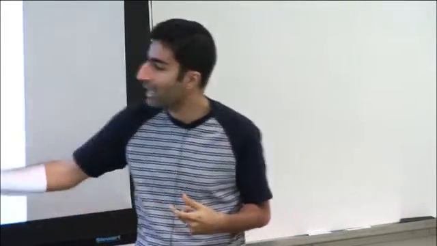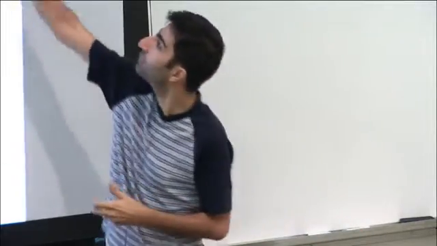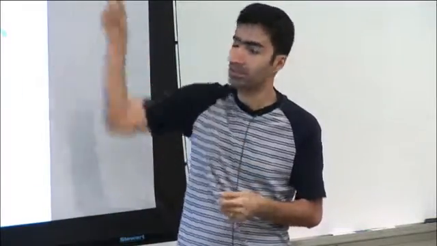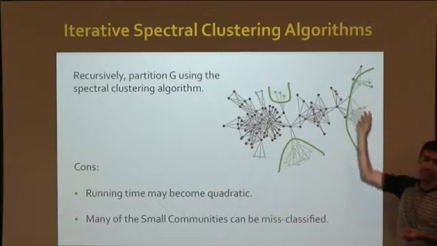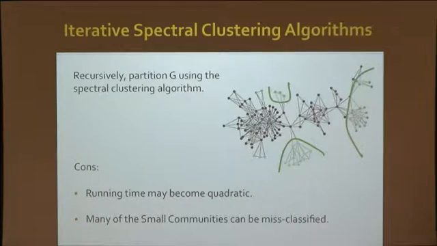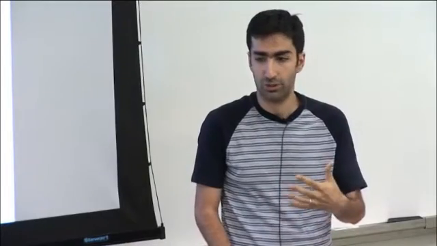So you may have to run this algorithm order n times to partition the graph. On the other hand, many of the small communities could be misclassified by this algorithm. For example, once you separate this giant component, you may end up misclassifying small communities, because no matter which side of the cut they choose, it doesn't change the value of the cut that much.